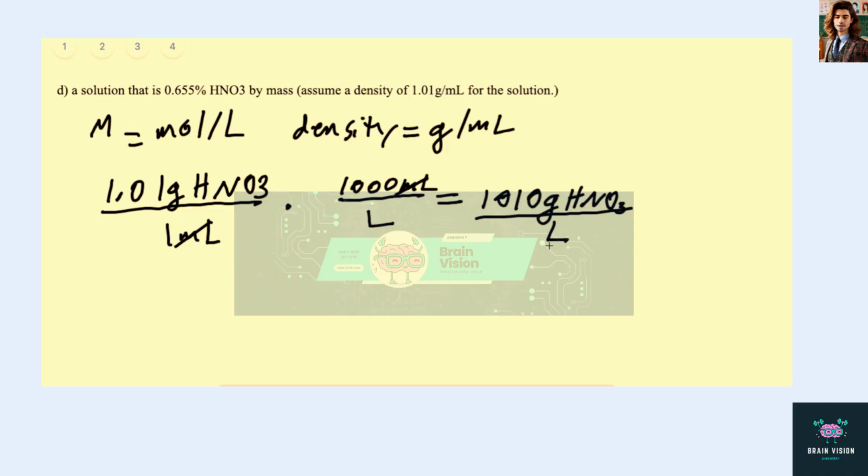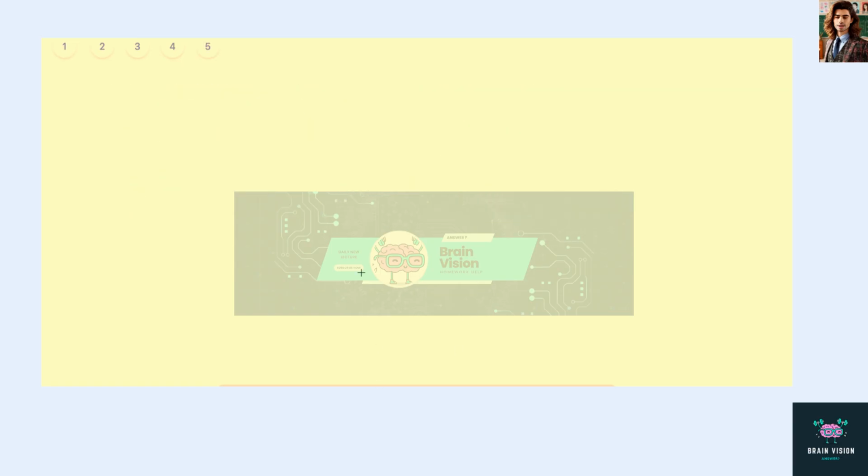Now that we have the grams per 1 liter of solution, we can find the mass by multiplying by the percent of nitric acid in solution. So we have 1,010 grams nitric acid per 1 liter.